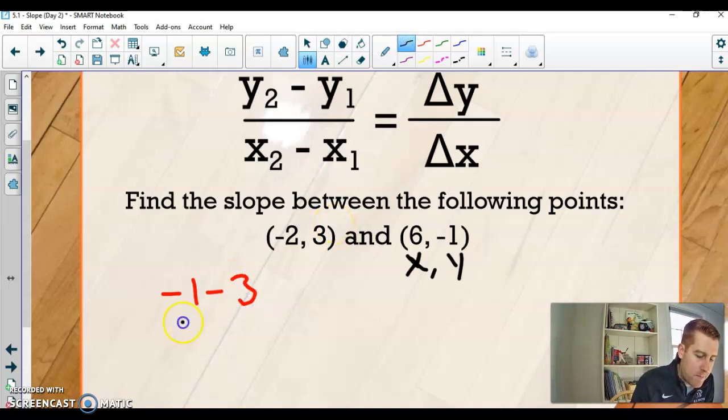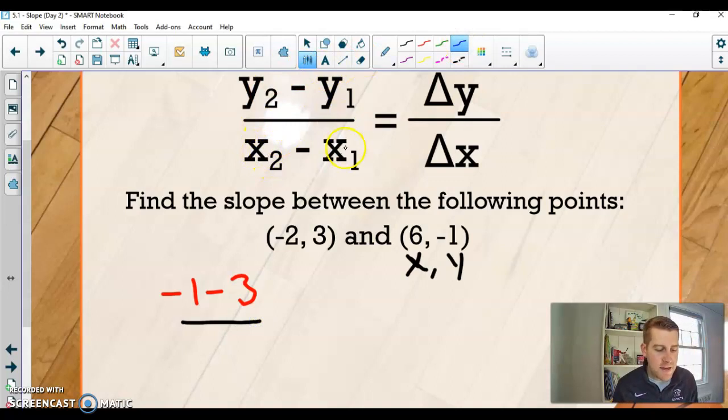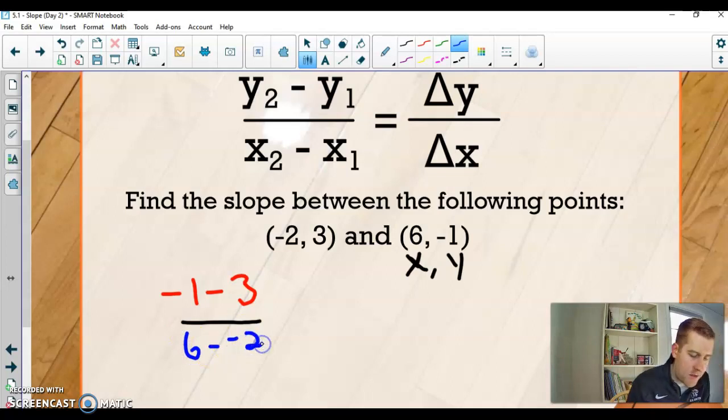And I'm going to divide that by my change in x. Again, we do x2 minus x1. So I'm going to take the x value of my second point, and from that, I would subtract the x value of our first point. So 6 minus a -2. We have to figure out this question though. What happens when I subtract a negative? Remember back from chapter 1, when you subtract a negative, that becomes addition.